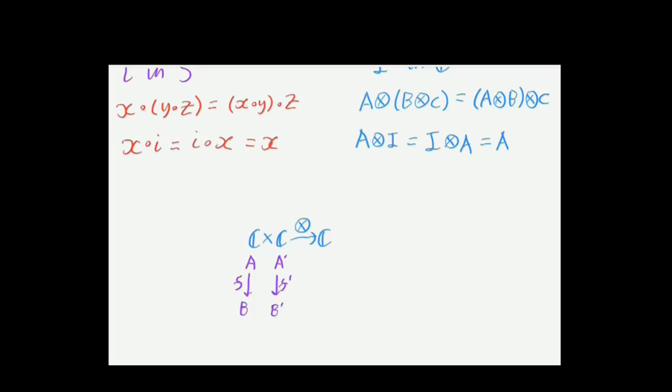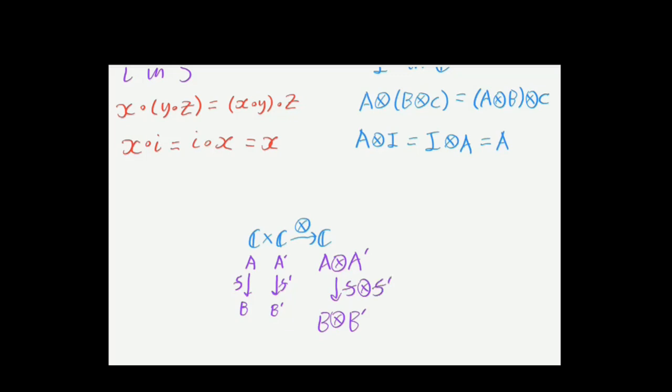And so that pair of those two arrows might be the inputs to our functor. And then this functor is going to send those to a new thing. And that's going to be an arrow from A tensor product A dash to B tensor product B dash that we could call F tensor product F dash.